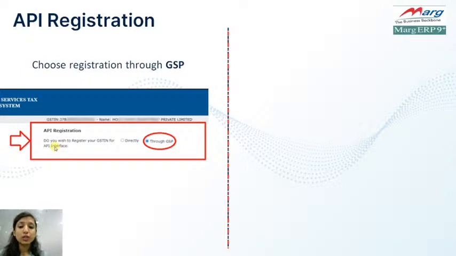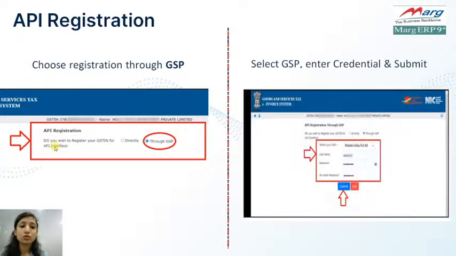Now you need to select the mode you are integrating your API, means the third party tool you are enabling in the software. So you need to select here through GSP. Here the GSP means GST Suvidha Provider.